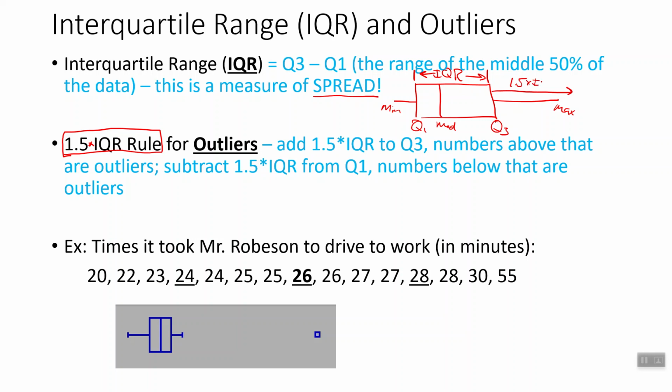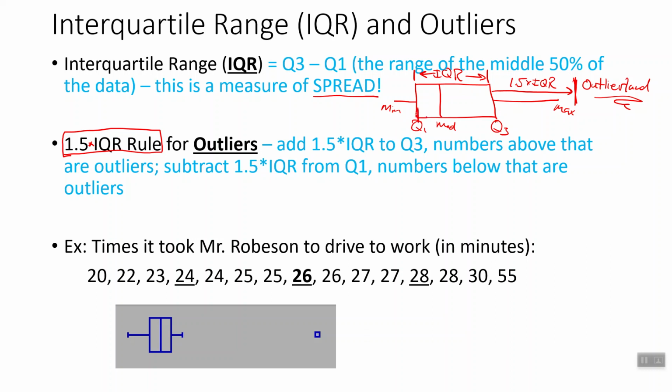We're going to get some sort of value. Anything past that is what I like to call outlier land. So anything up here past Q3 plus 1.5 times the IQR is outlier land.